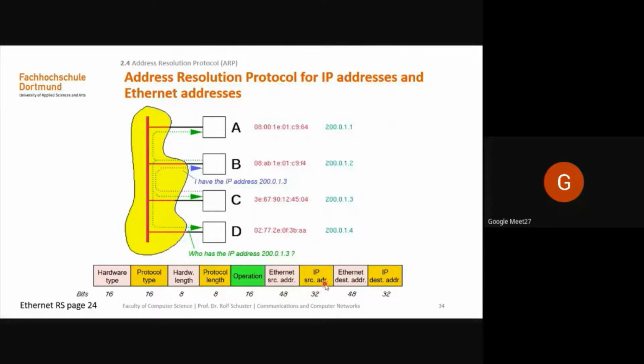Here C will specify its own IP address, and it will send this ARP reply message to this IP destination, that is this one, and this MAC address, that is this one.